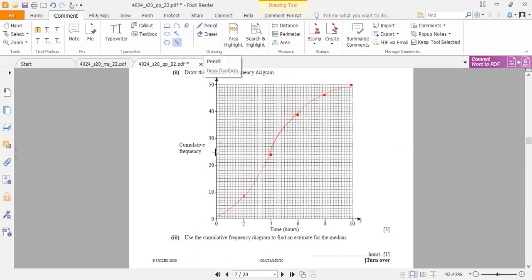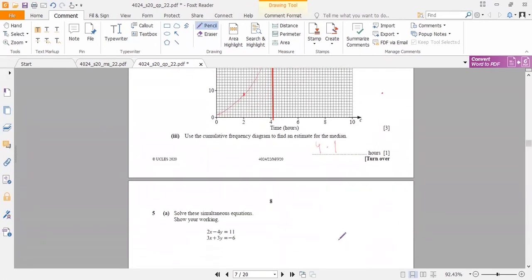So this is the value 25. And the result is around 4.1. So the median is 4.1 hours according to the cumulative frequency diagram.